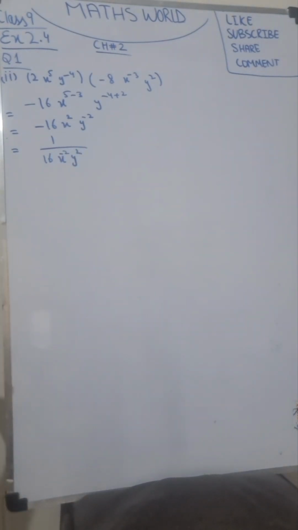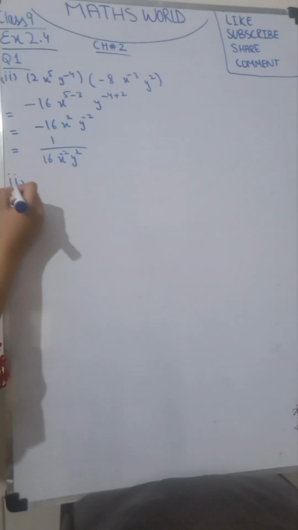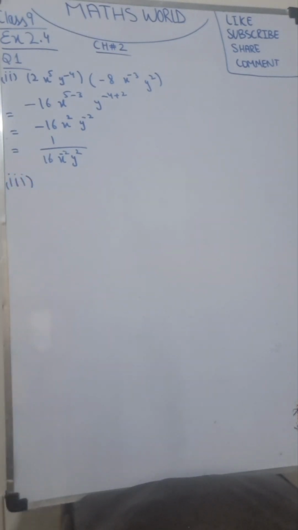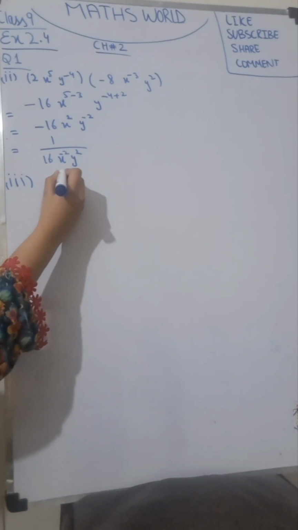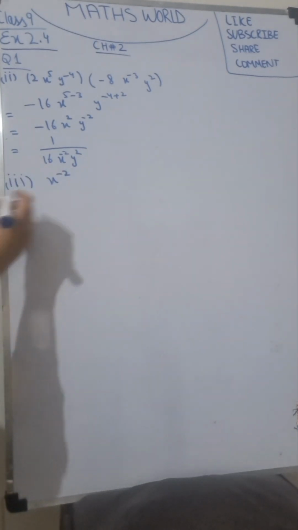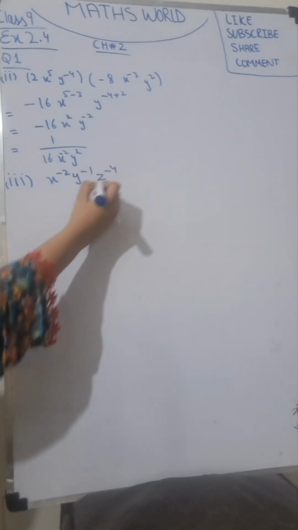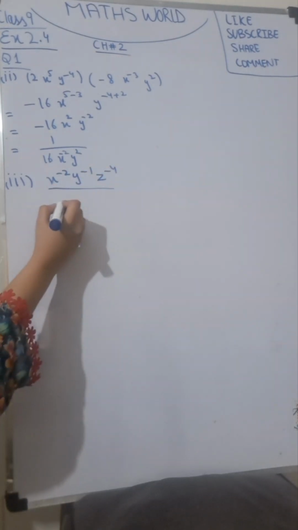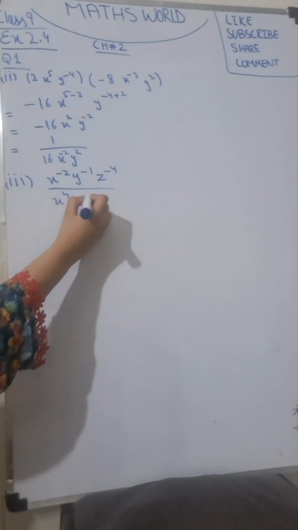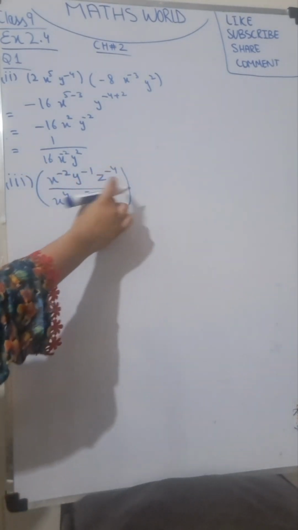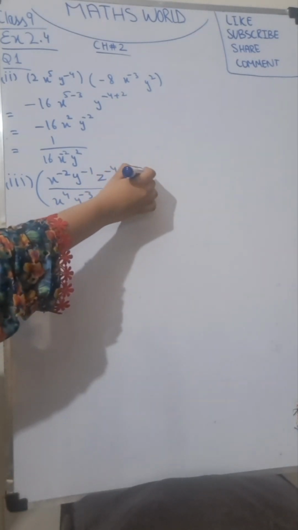Now you're going to solve part number 3. Part 3, if you read from your book also, is (x^-2 y^-1 z^-4) divided by (x^4 y^-3 z^0), and the whole power is -3.